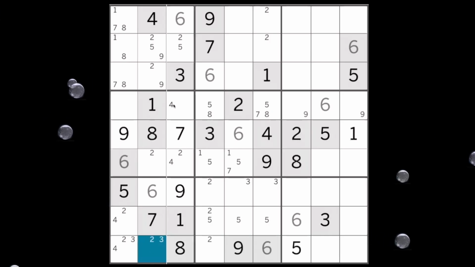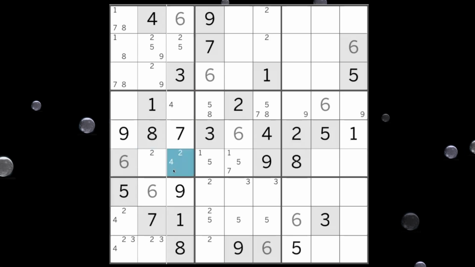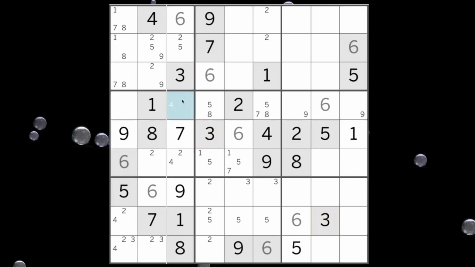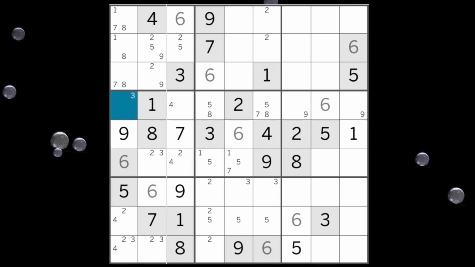Alright, let's finish out this block, because we need a 2, 3, 4, 5. 2 can't be in the top, must be in the bottom. 3 can't be here, must be in one of those 2.